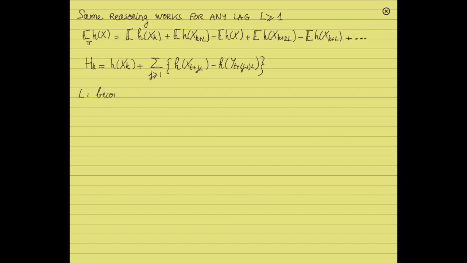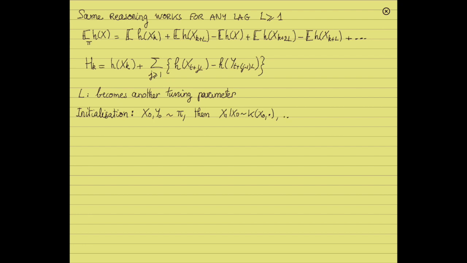And of course, then L becomes a tuning parameter, so we have to choose it. We could choose 1 as before, but it might be interesting, for example, in terms of efficiency of the estimators, to increase the lag. So just to be clear, if we have a lag larger than 1, the initialization of the chains goes as follows. You still start from pi 0. This should be pi 0 and not pi.